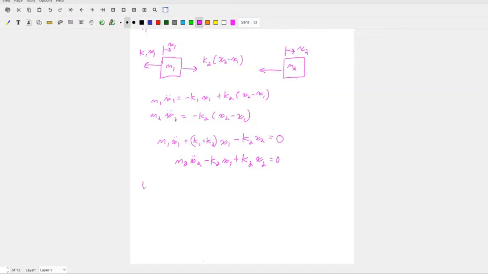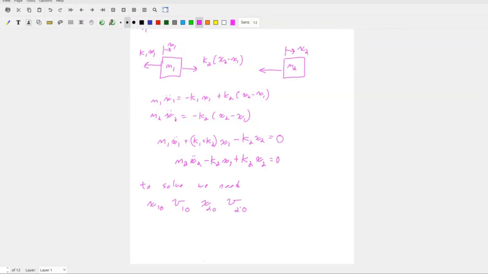To solve, we need x10, v10, we need x20 and v20, right? So my displacement for my first mass at time 0, my velocity for my first mass at time 0. Hopefully you see that pattern now.